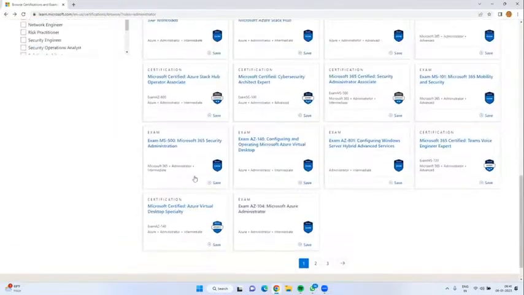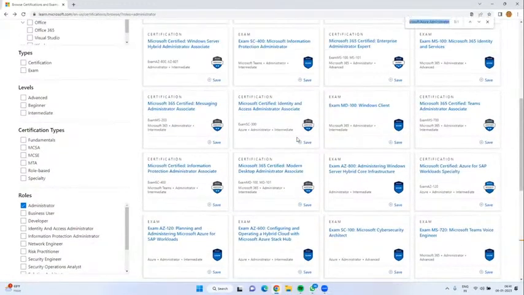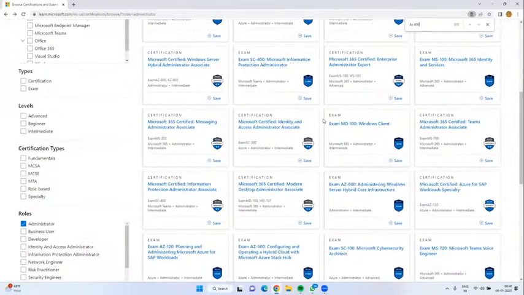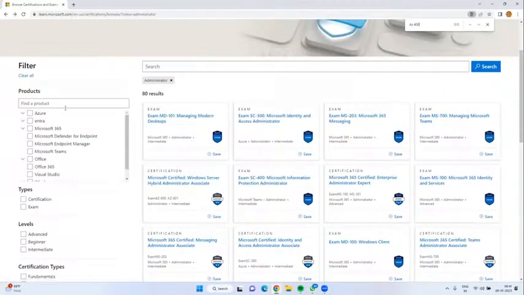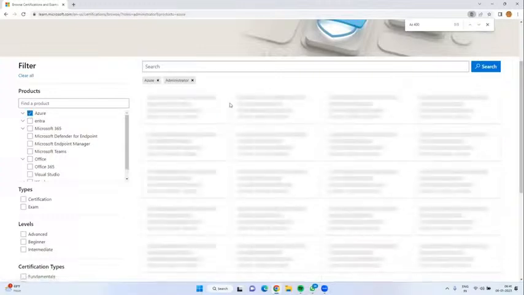Go back. Again, I am looking for AZ400. Just type 400. This is Microsoft Azure DevOps. If you are not getting it, just highlight Azure.